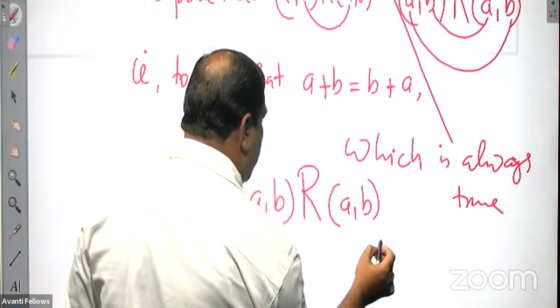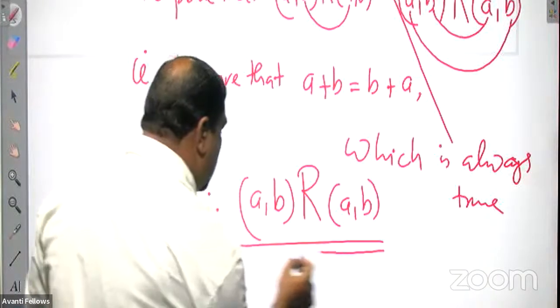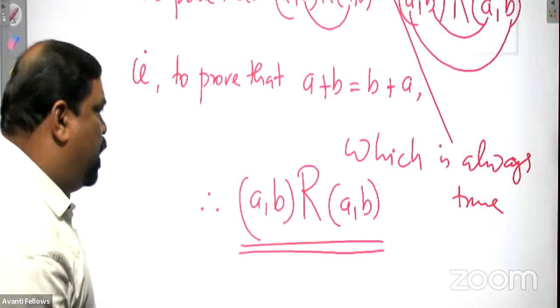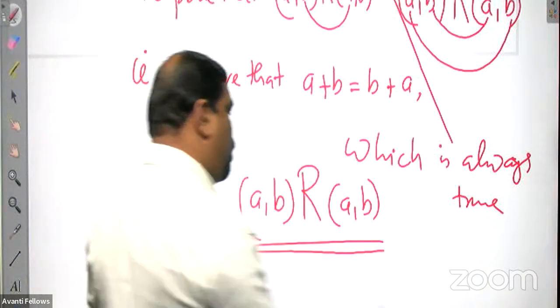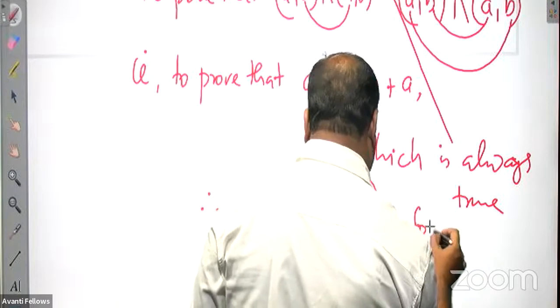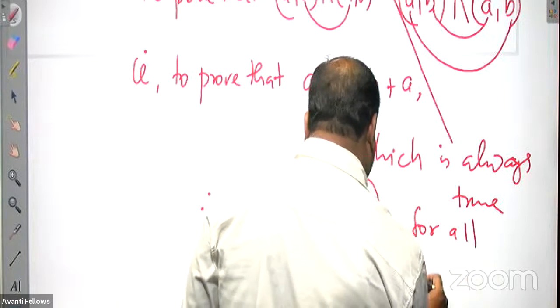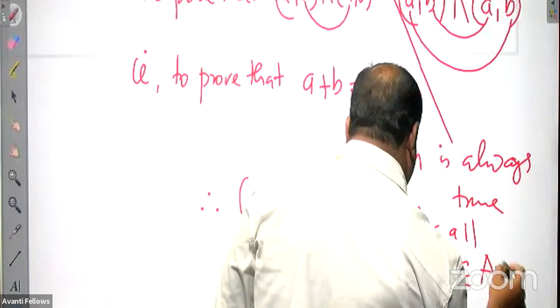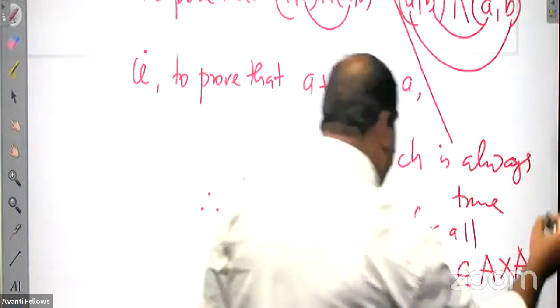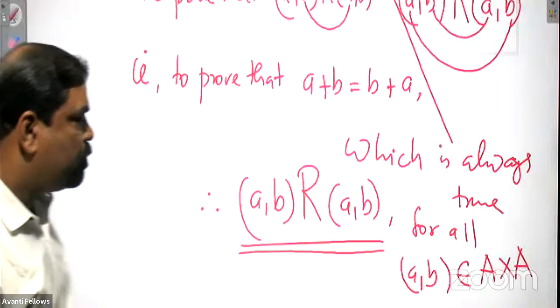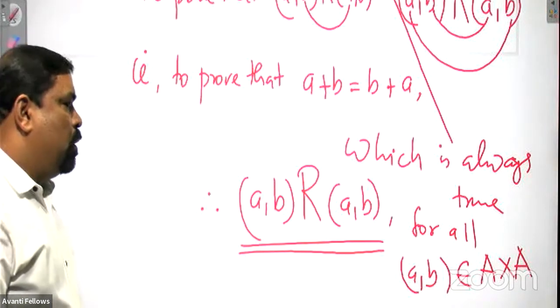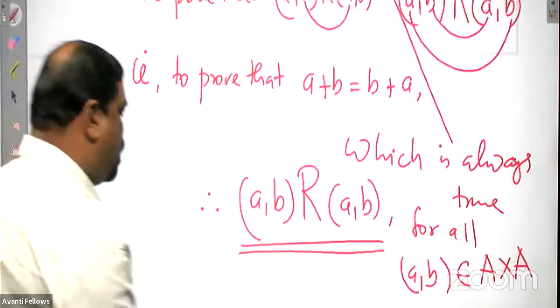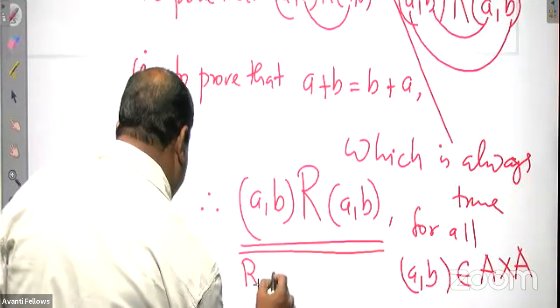AB related to AB for all elements. This is true for every element A, B belonging to the given set. So it is reflexive. The conclusion is reflexive.